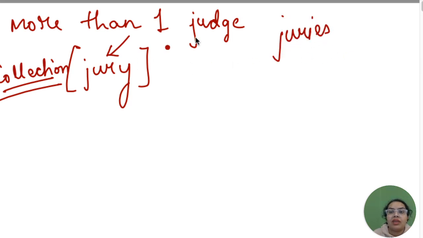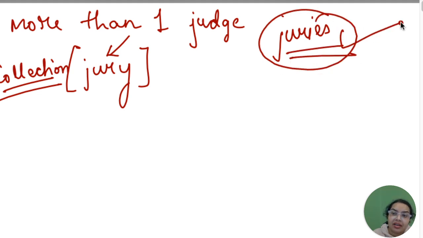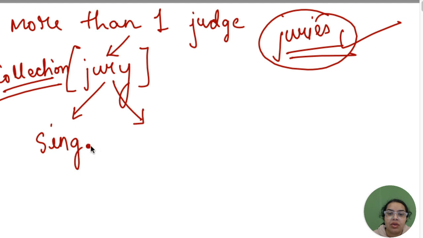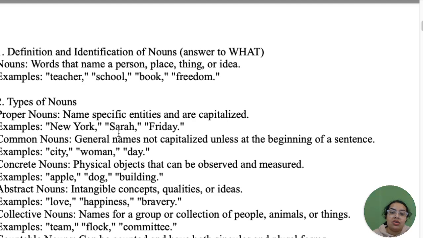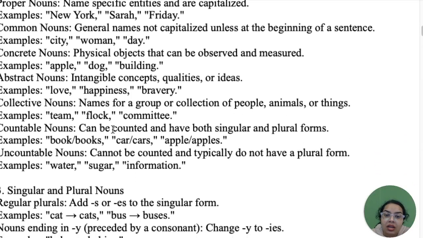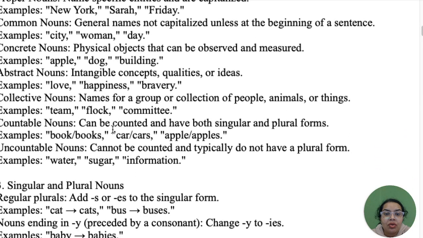One is for High Court, one is for Supreme Court, let's say. So, when I say juries, that is also correct. But when I say jury, it can go two ways. Depending on the meaning of the sentence, I will have to choose whether I want to keep it singular or plural. Okay, and this is a decision to be made based on what you have understood from a sentence. So that's why collective nouns are a bit tricky. Practice more, understand more, and you will be good to go.